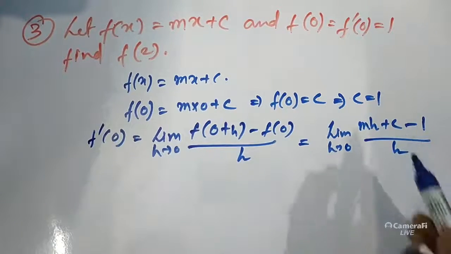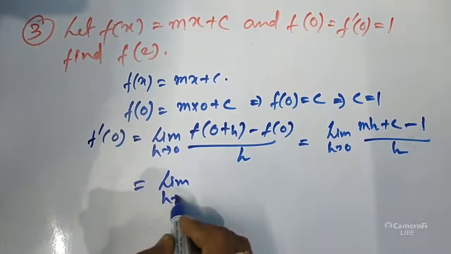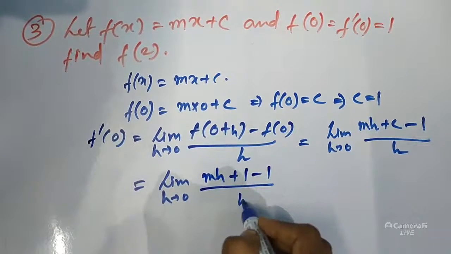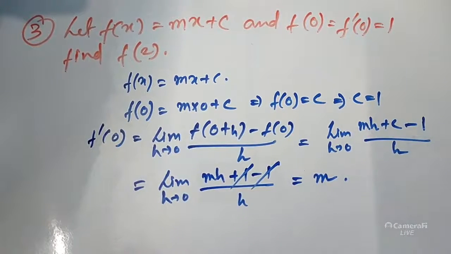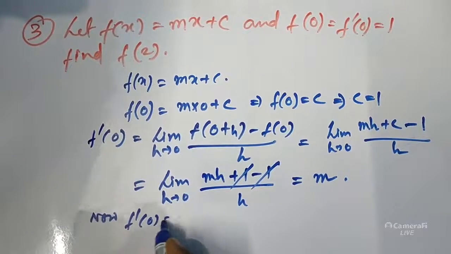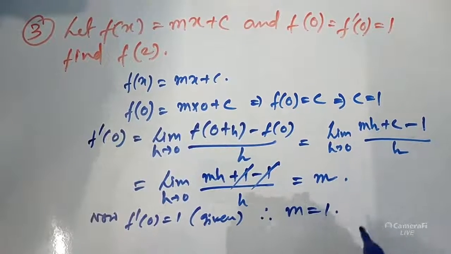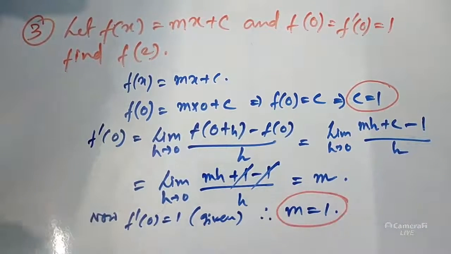C is also 1, so putting the value of c, the 1s cancel: limit h tends to 0 of mh plus 1 minus 1 divided by h. The 1s cancel, h cancels, so it equals m. Now f dash 0 is given as 1, therefore m equals 1.